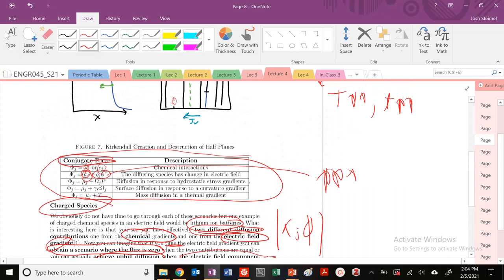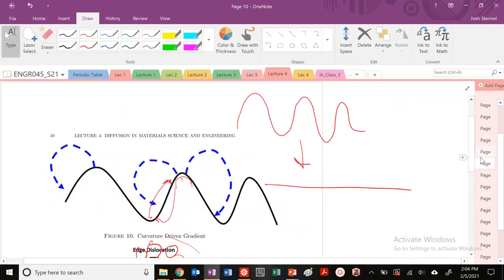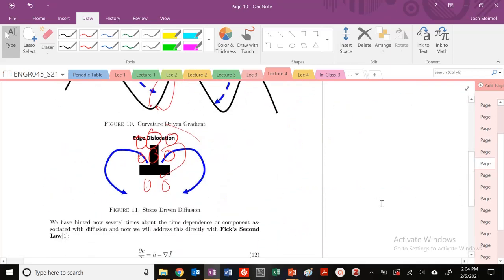So here you can see relating to stress or hydrostatic stress gradients. You can imagine a scenario that can occur, and this actually happens a lot in steel. In steel I have iron and carbon. So my little carbon atoms, let's say that they're initially here in their interstitial sites.